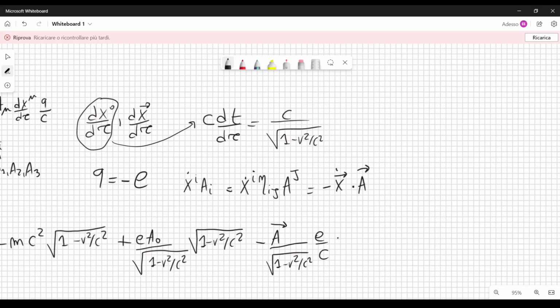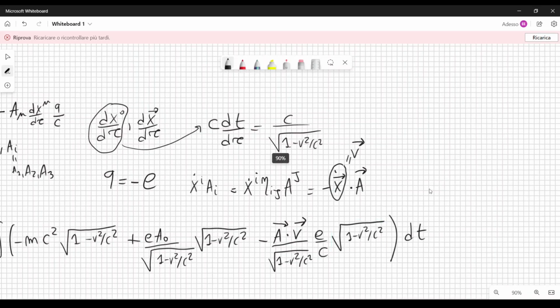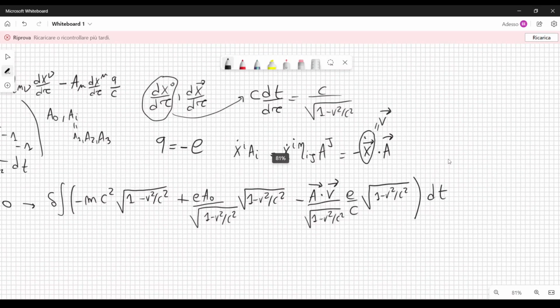So I have to take the dot product with the velocity that I can call x dot or v. So let me put the dot product here. I have dot product v, and v is simply equal to x dot. This is equal to the velocity v. And then I multiply this by the square root of 1 minus v squared over c squared, integrate over dt. So some of these factors will cancel. This one, this one, this one, this one, and this can be set equal to 0.